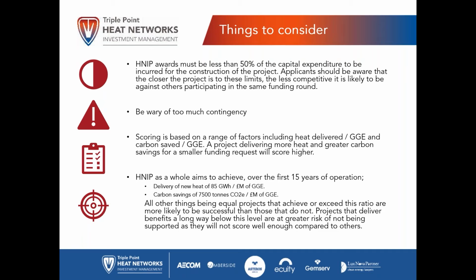So these two figures, 85 and 7,500, represent approximately what the scheme as a whole is seeking to achieve. So projects that do better than these figures are going to be helpful to us and more likely to be funded. Projects which are lower than this may still be funded.